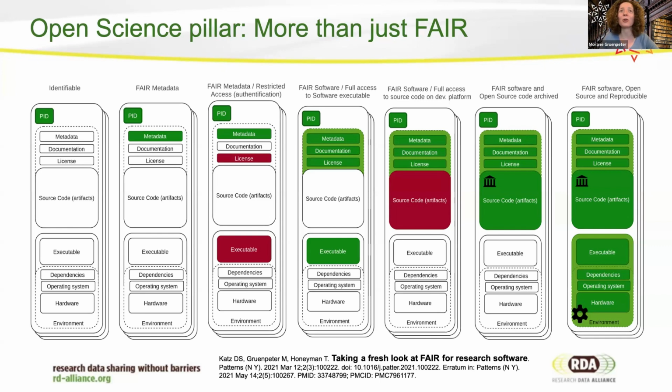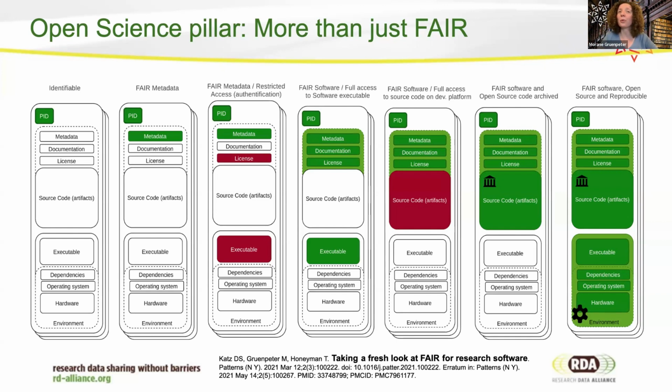FAIR can be achieved on this fourth block. If you go from left to right, with identifiable, then FAIR metadata and restricted access, you can have the metadata and an executable with a license, but it's restricted.